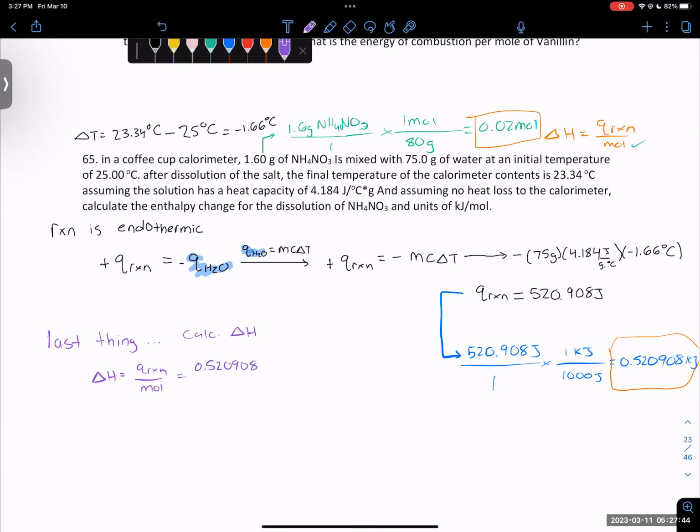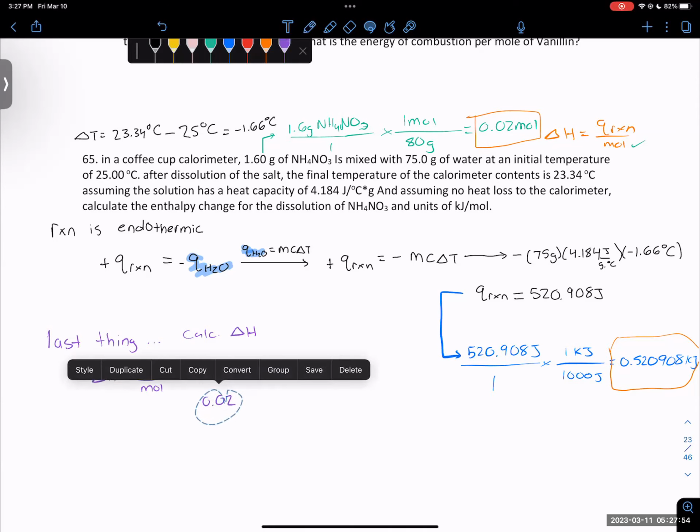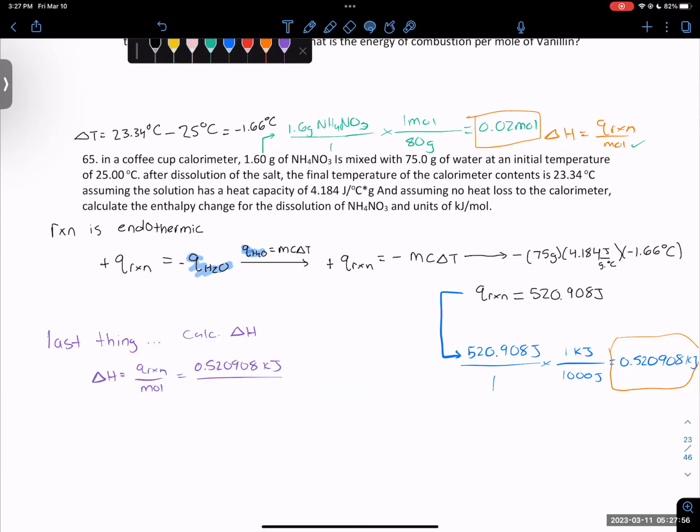0.520908 kilojoules over the amount of moles, which was 0.02 moles. Let me change my stuff here. So 0.02 moles. We found that in the green section, and then we found this number in the blue section.